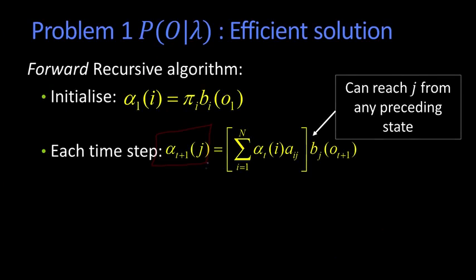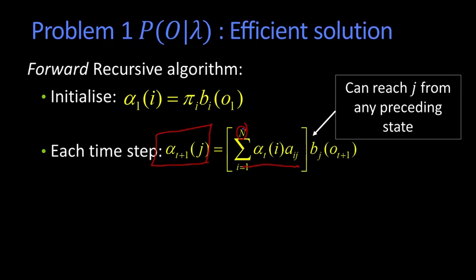What this says is that alpha of t plus 1 of j, so that's the probability at time t plus 1 of being in state j and having seen all the 1 to t plus 1 observations, is just, as I said before, the sum over all the different possible states.